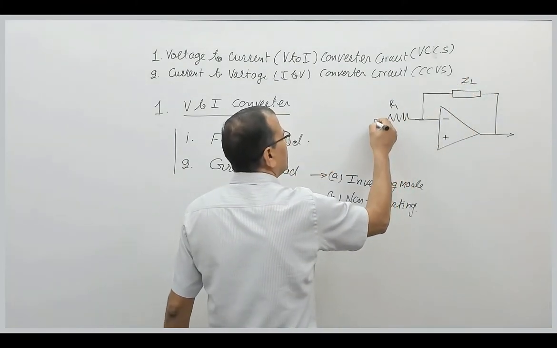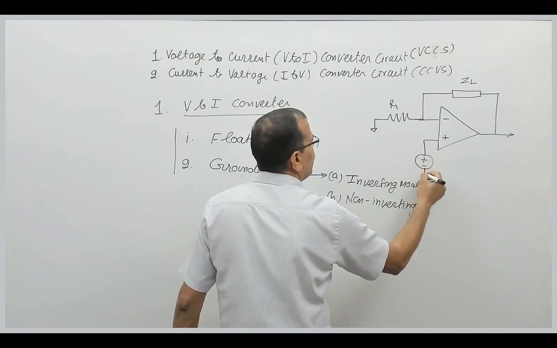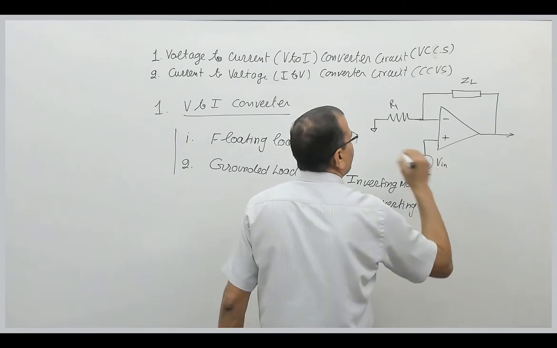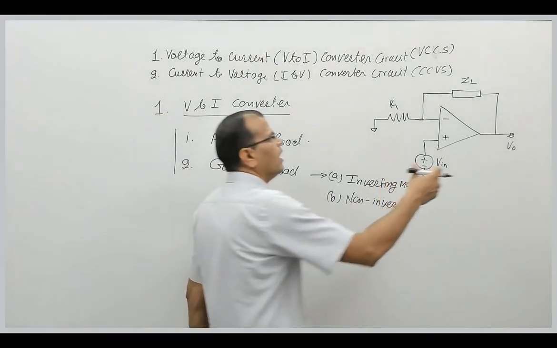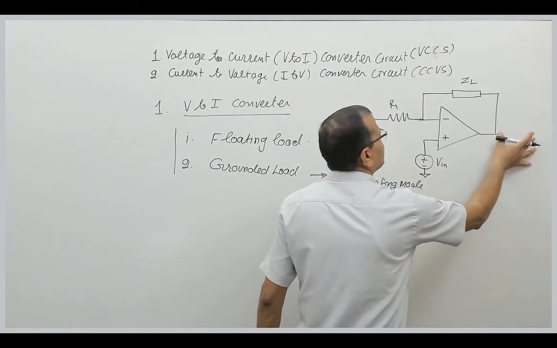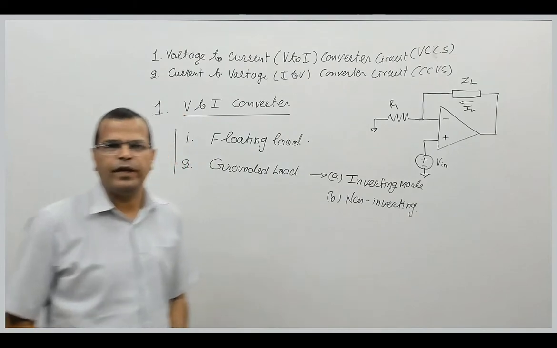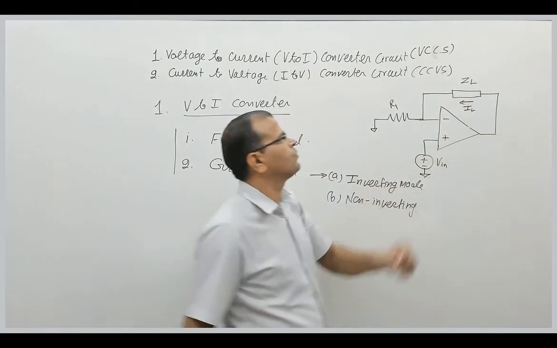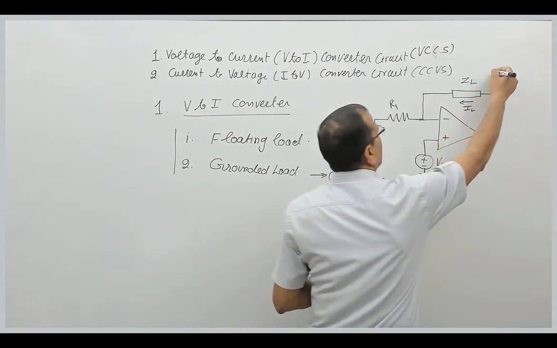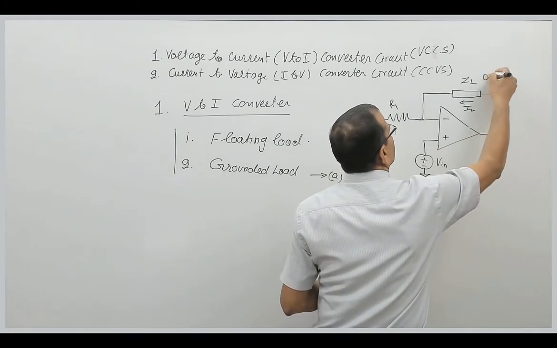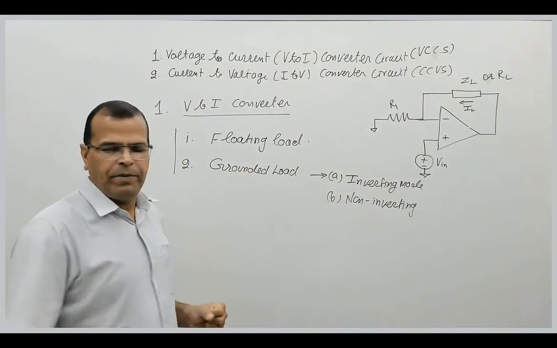Then this is grounded, and we connect input to the non-inverting terminal, that is Vin. I will not talk about output voltage here. I will be saying I have load current IL, which is the current through the load impedance or load resistance. Sometimes we denote it by RL or by ZL, depending on the type of element.